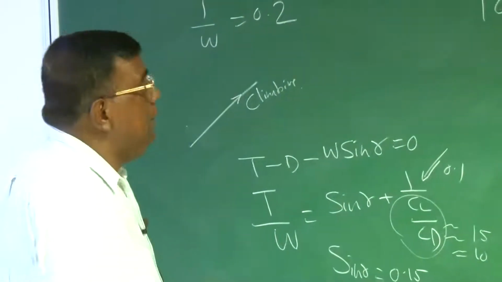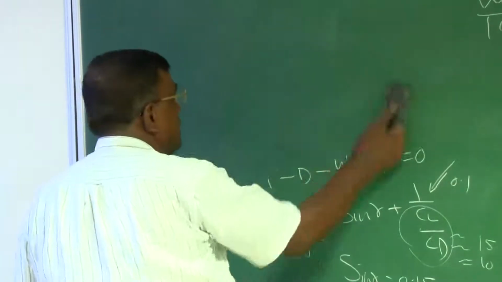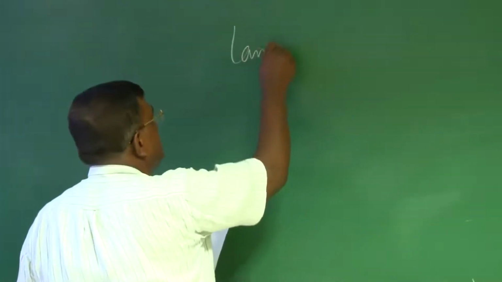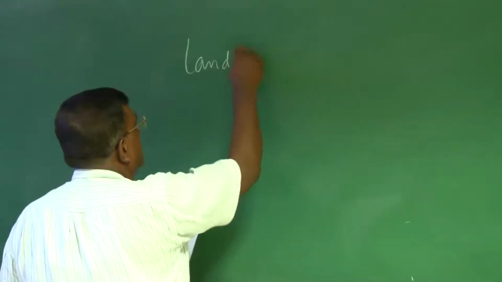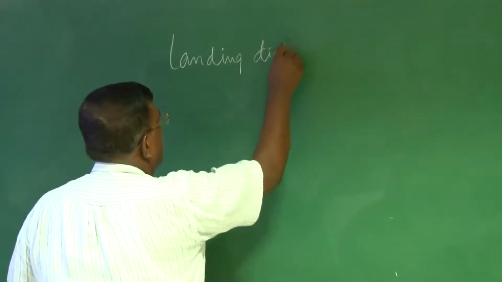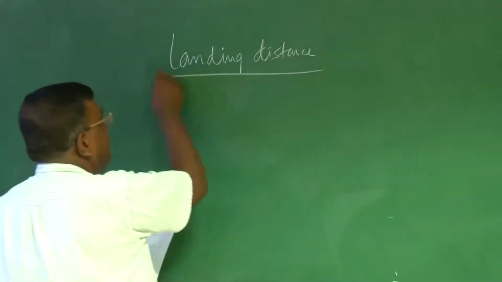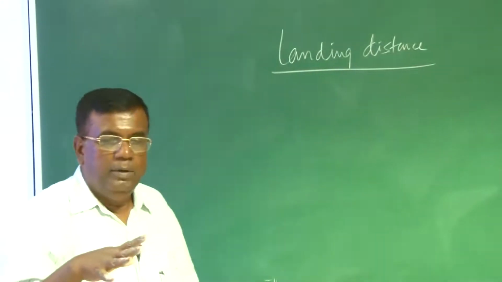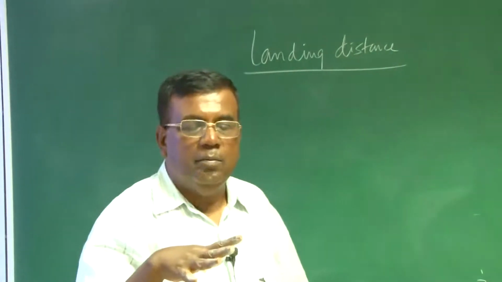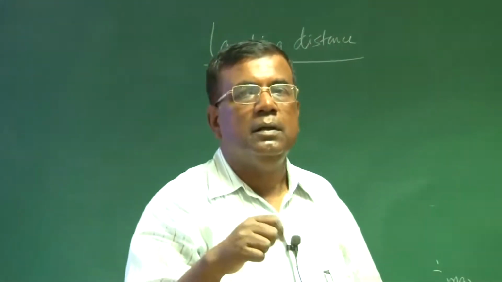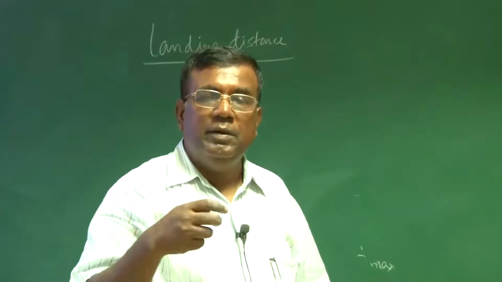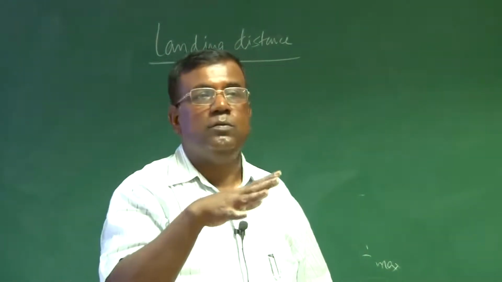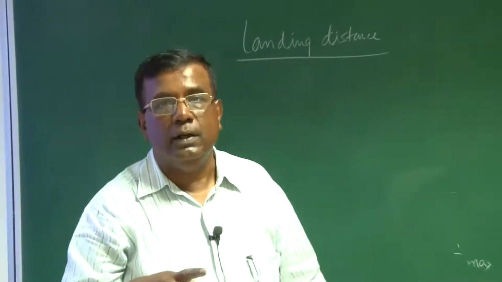Now we will also discuss the landing distance. First of all, let us visualize: when I am taking off, I will be giving, let's say, 50% of the maximum flap deflection. I am a little conservative in giving flap deflection because more drag will be required, so more thrust to weight will be required for takeoff, right?